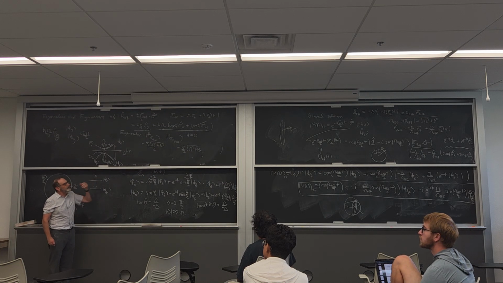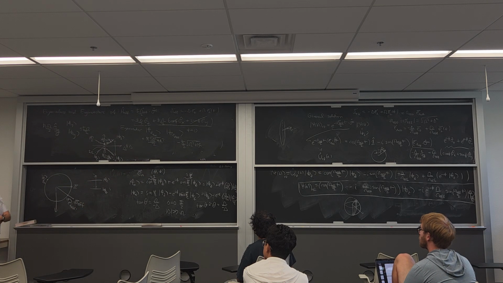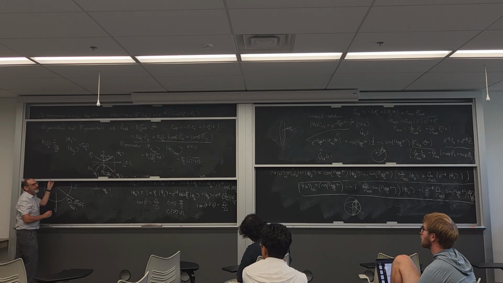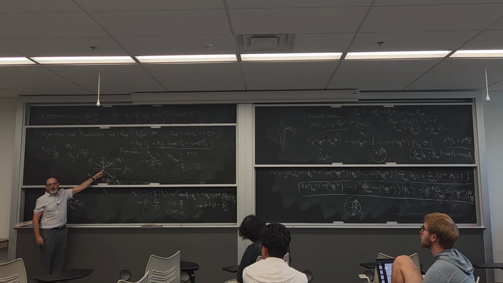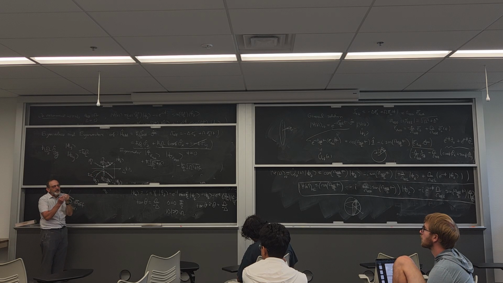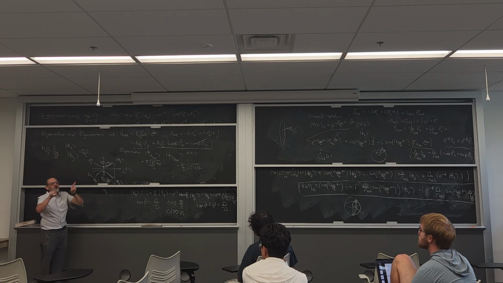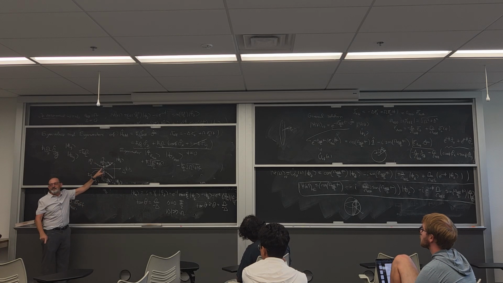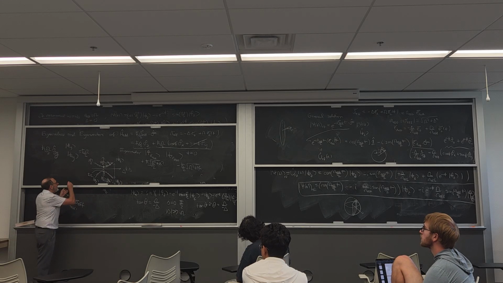If I wanted to look up that graph, what are the keywords? Avoided crossing. This is an example of an avoided crossing. This would cross if I was on resonance, but because of the interaction, those eigenvalues repel one another.